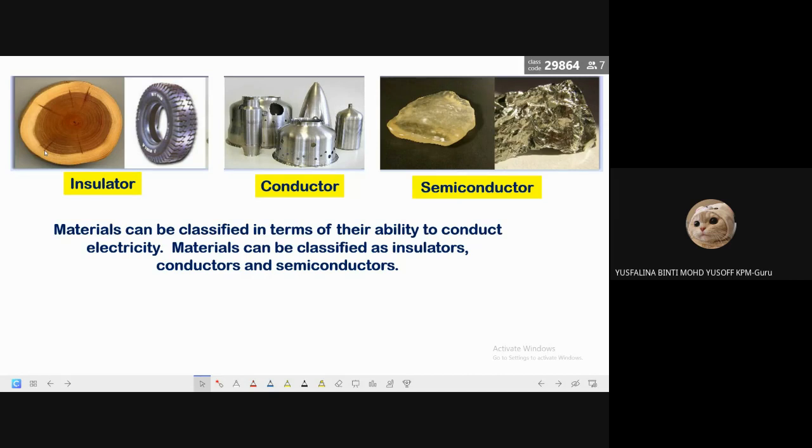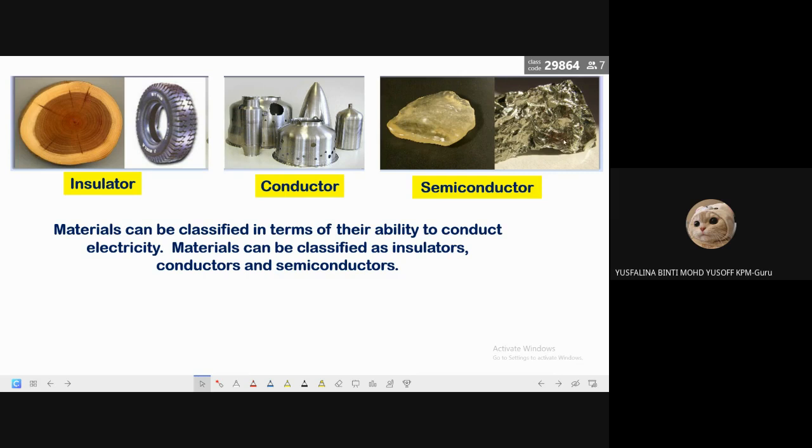Let's say wood. Yeah, this one, suddenly I forgot the word. Rubber, yeah, rubber. That one cannot conduct electricity, so we call it an insulator. Or plastic, you know.